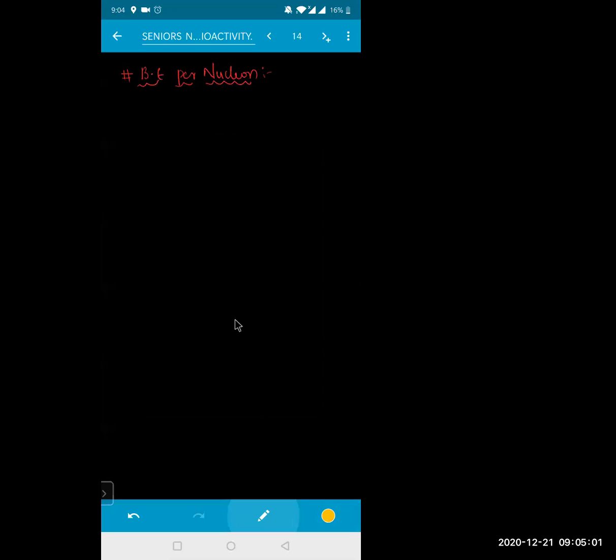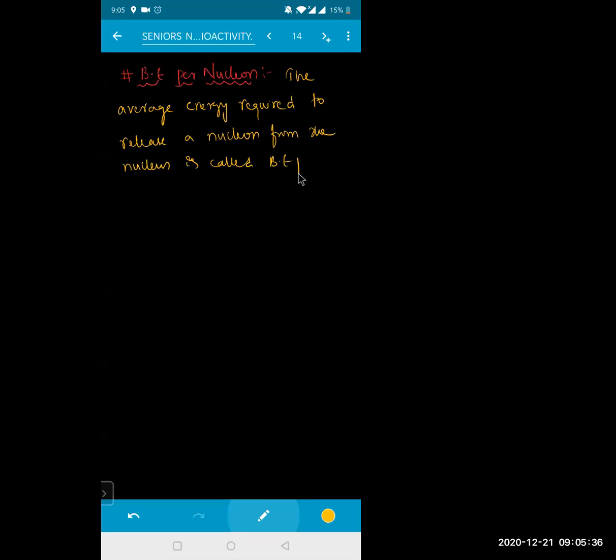So binding energy per nucleon is nothing but the average energy required to release a nucleon from the nucleus. That is called binding energy per nucleon.